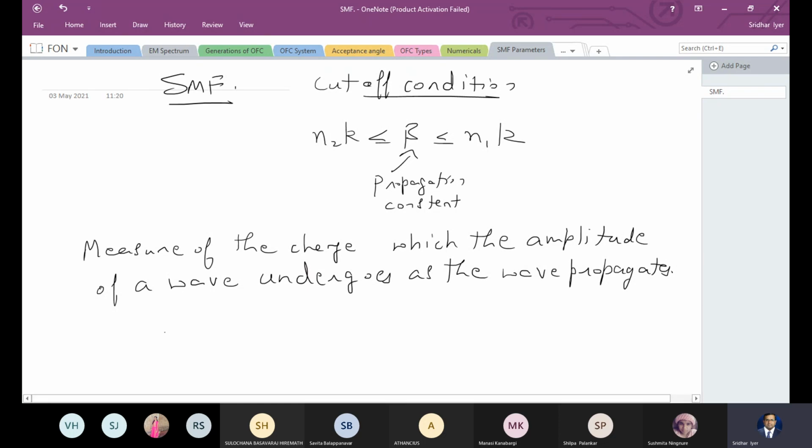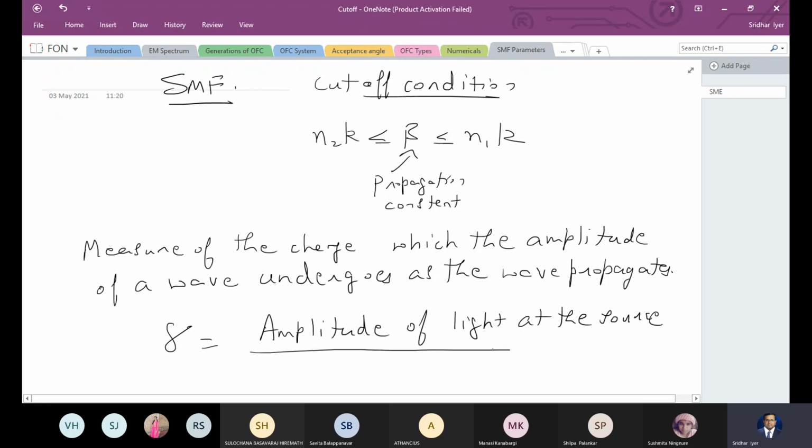So in general, we can define what is known as gamma, which is the amplitude of light at the source. That is, let's say if we are using an LED, then what is the amplitude at that point when we are transmitting, divided by the amplitude of light at some distance x.